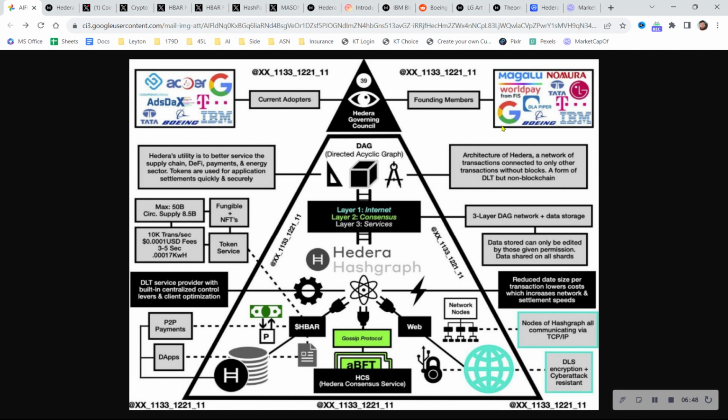It can only ever have a certain amount, but all of these have been extremely active in the development of HBAR, the Hedera network, and its applications. So I have a handful of examples there as well.